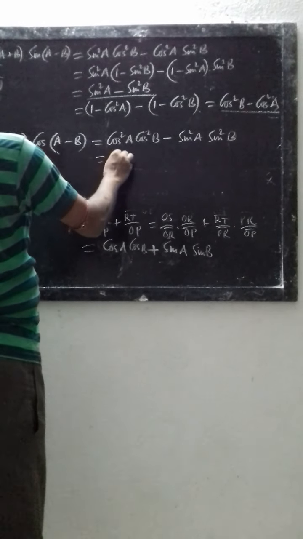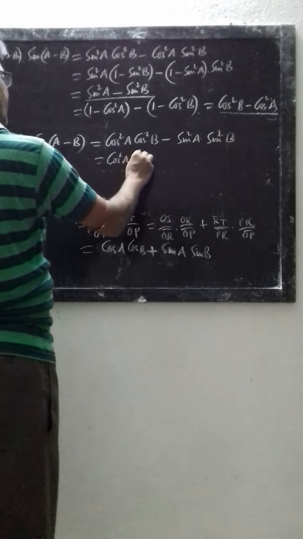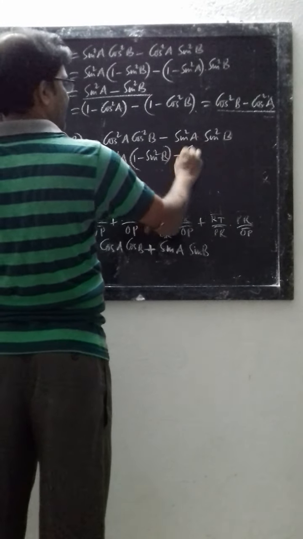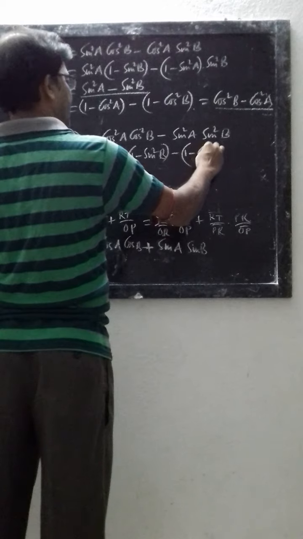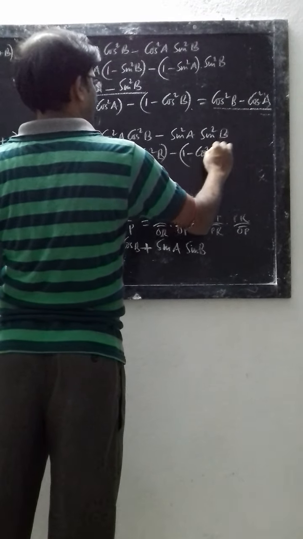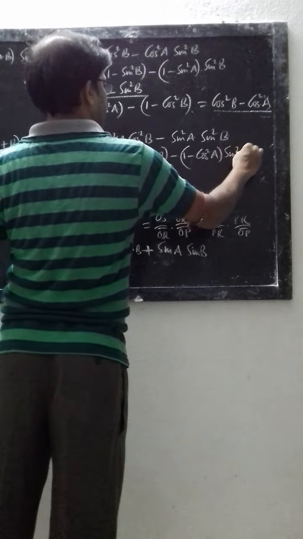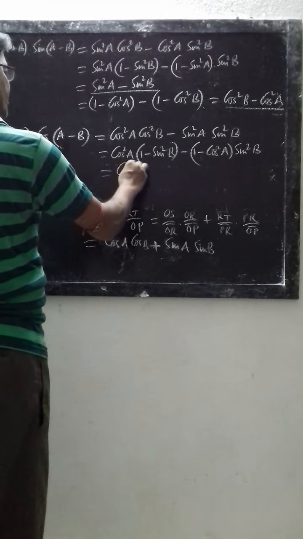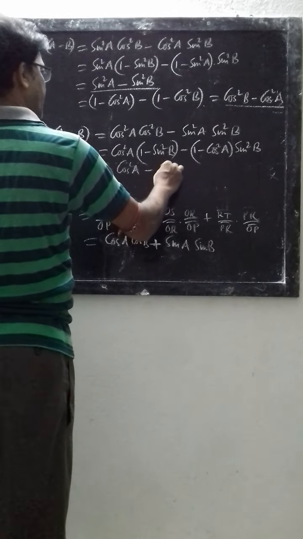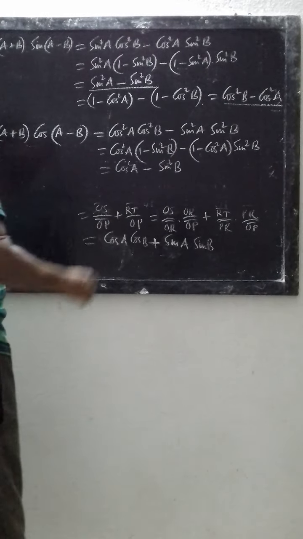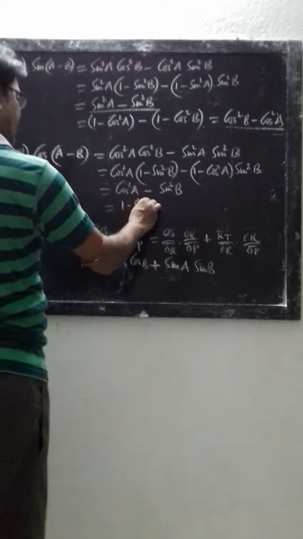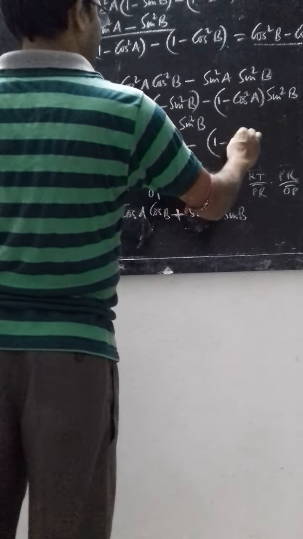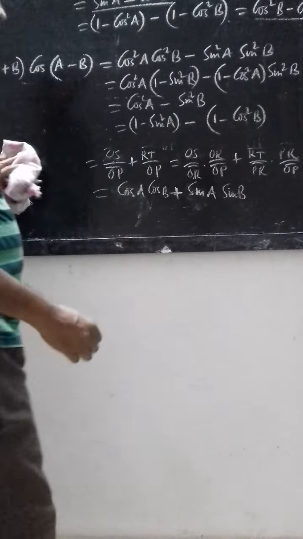Cos²A fixed, cos²B equal to 1 minus sin²B, sin²A equal to 1 minus cos²A, sin²B fixed. On simplification we get cos²A minus sin²B. Cos²A equal to 1 minus sin²A, minus sin²B equal to 1 minus cos²B.